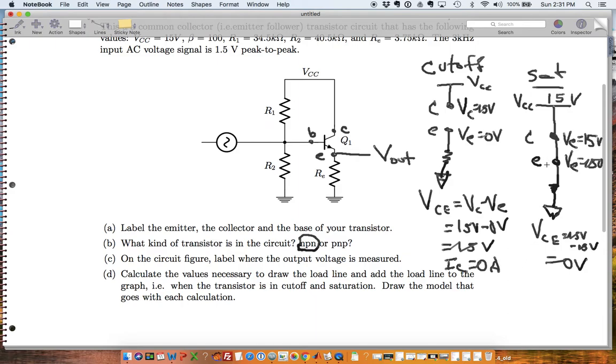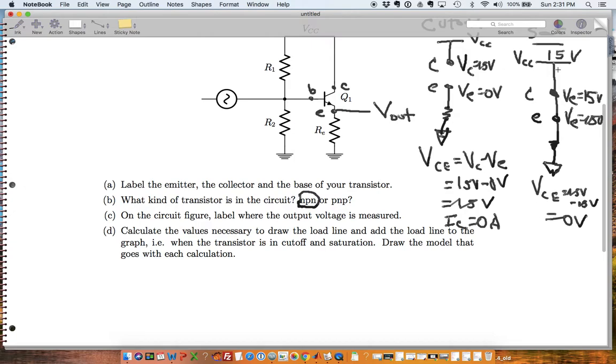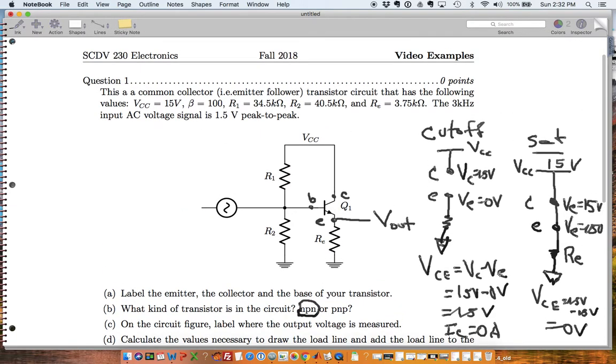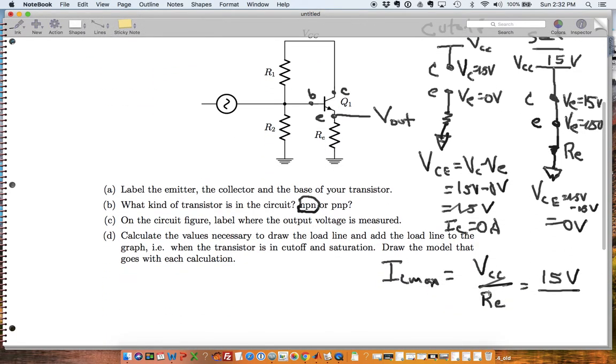But what about for saturation? For saturation, I'm going to just look at this RE value to calculate my max current that can go through here. So I want to calculate IC max, and that's going to equal my VCC over my RE, which is 15 volts divided by 3.75 kilo ohms.